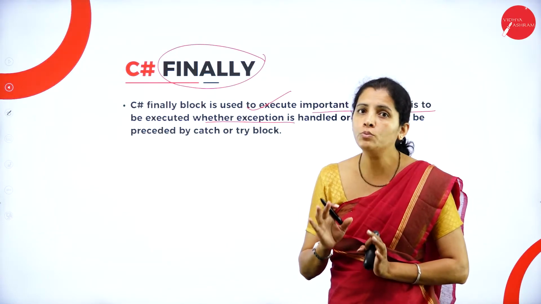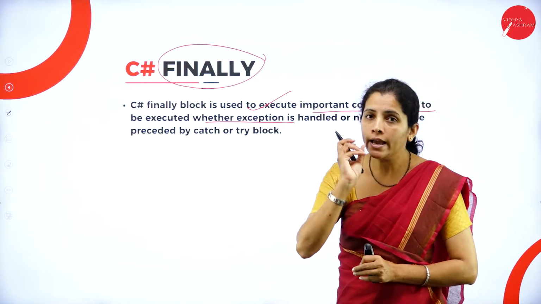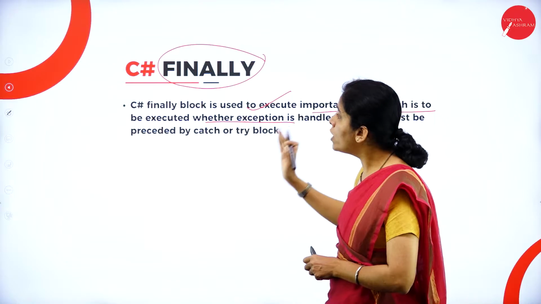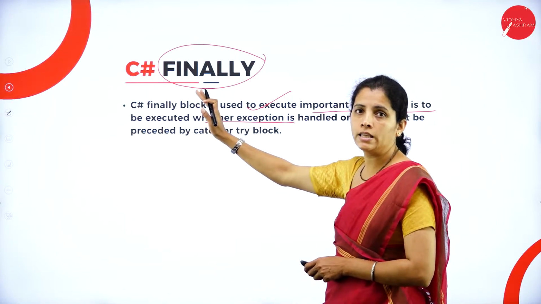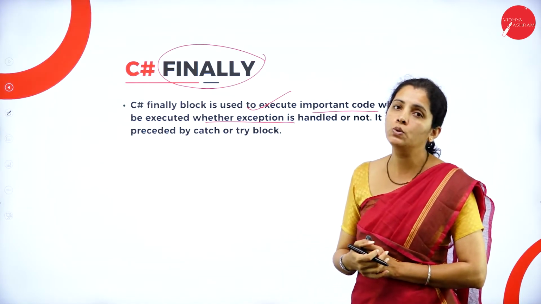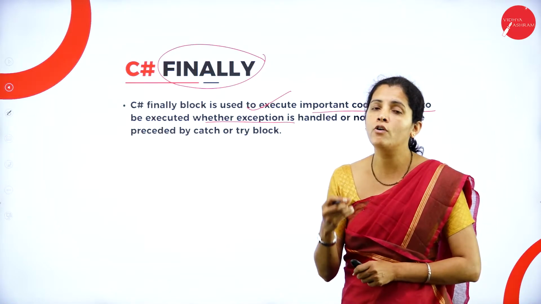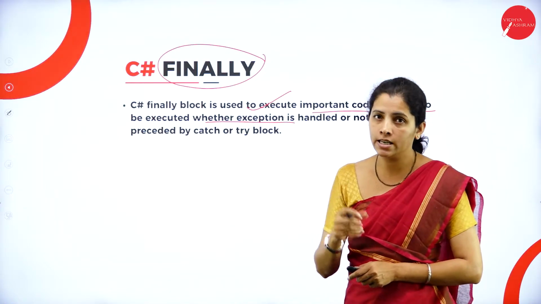It's not going to bother about the exception handling, but it's going to execute the code that I place inside the finally. And what is the need of finally? It's mainly used to close all the connections. It's mainly used to perform cleanup procedures, etc.